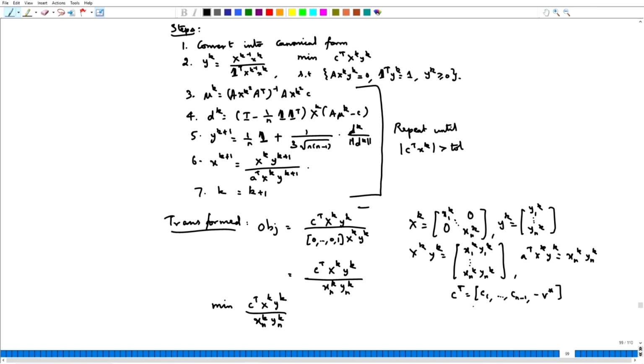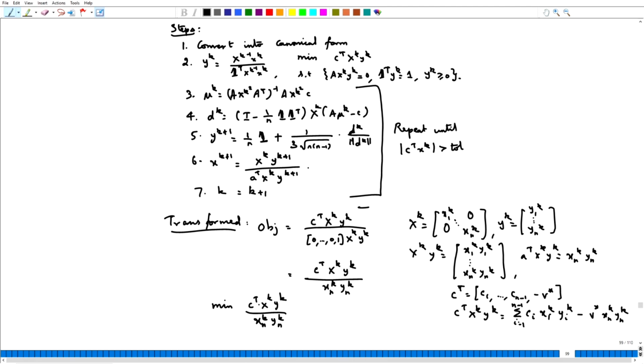So, since x k y k is as I have given here, C transpose x k y k is just the summation of C I x I k y I k, I equal to 1 to n minus 1, minus V star x n k y n k.